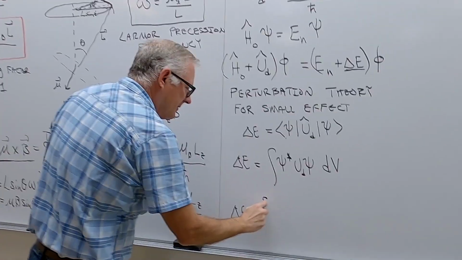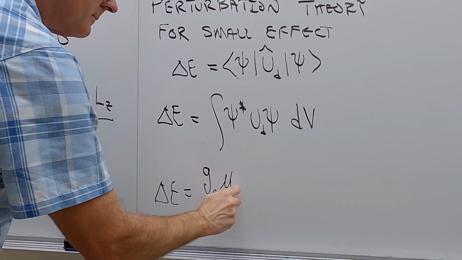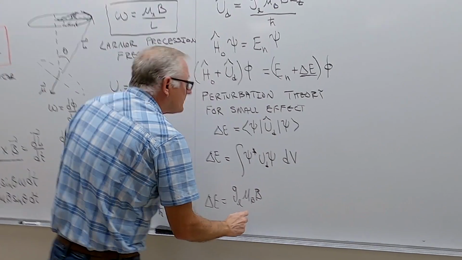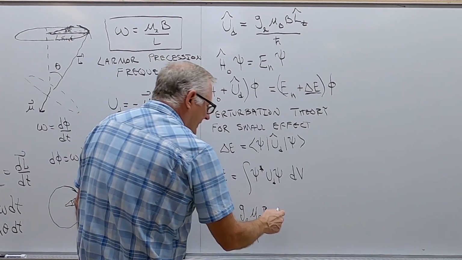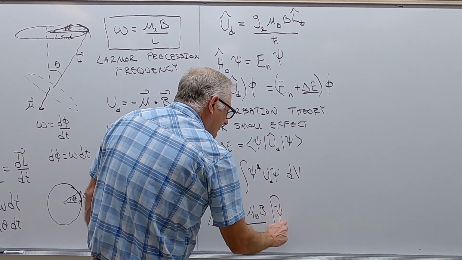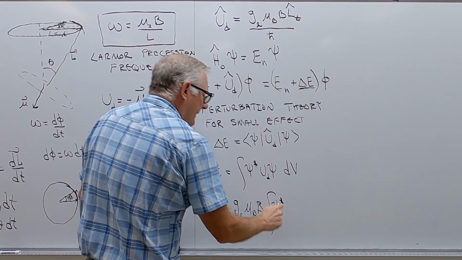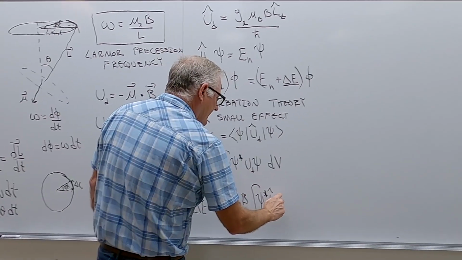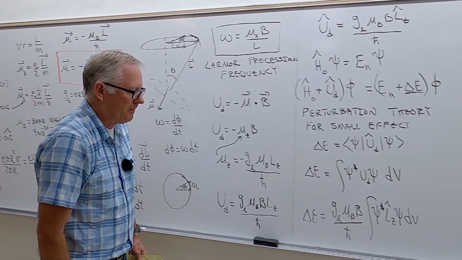So I have g_L mu_B B over h-bar. Then I have the integral of psi star. Now the only thing left with the U_D is the L_z operator acting on psi and integrating over the entire volume.